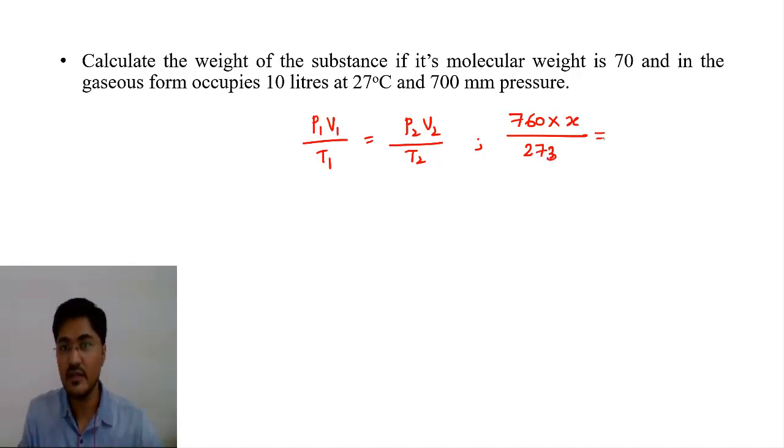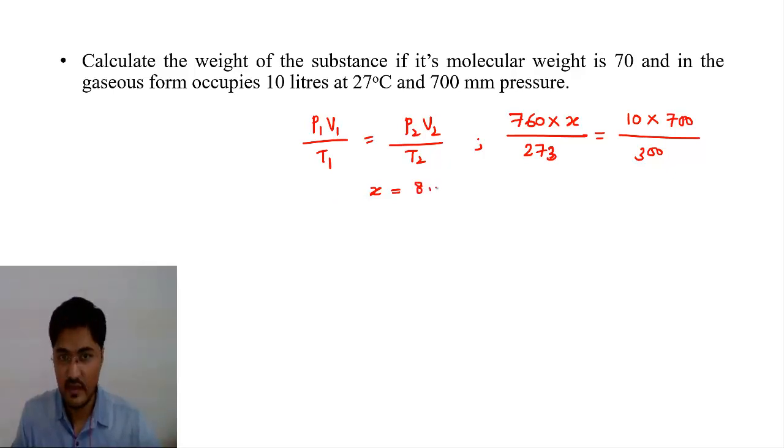The volume given to us is 10 liters into pressure given as 700, divided by temperature given as 300 Kelvin. Now let's find X, and X comes down to 8.38 liters.